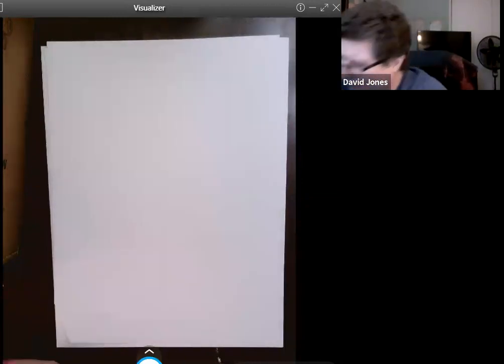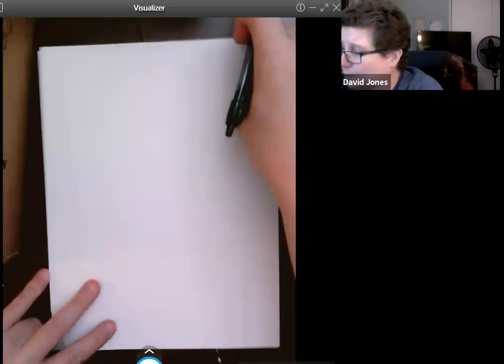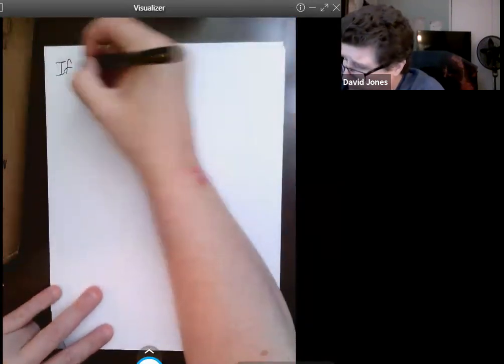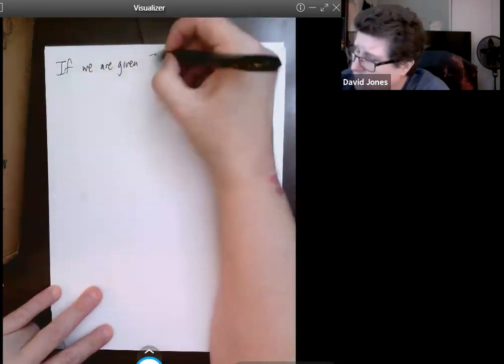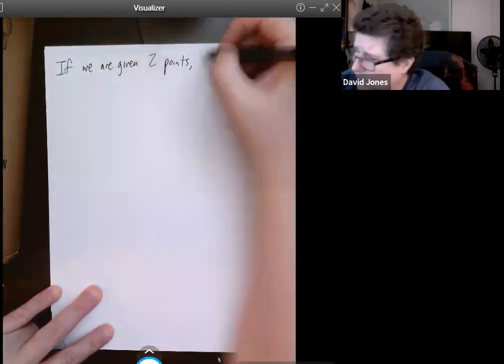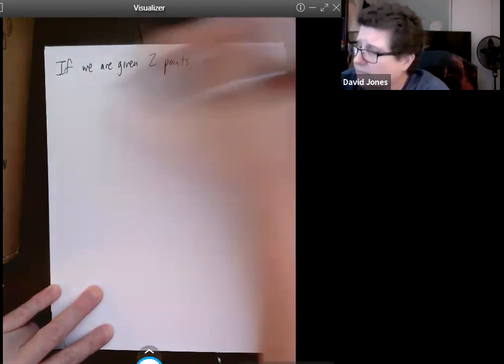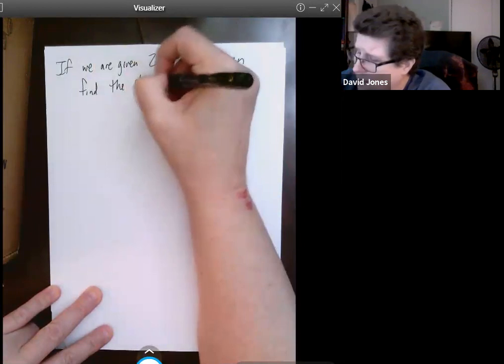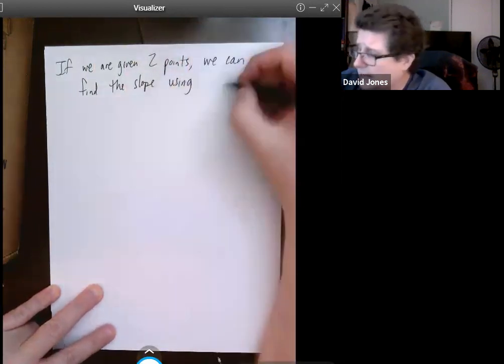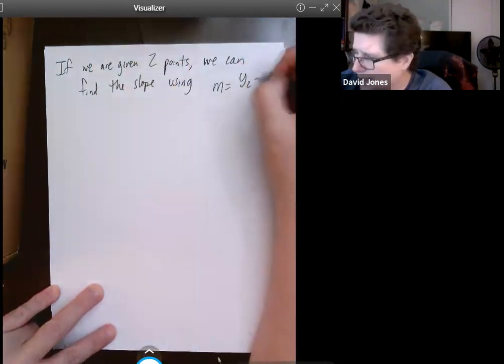If we're given 2 points, we can find the slope using m equals y2 minus y1 over x2 minus x1.